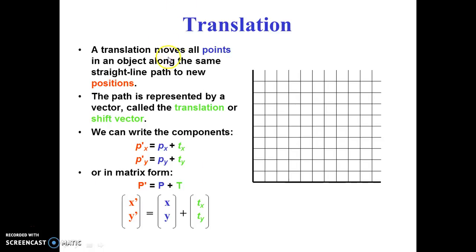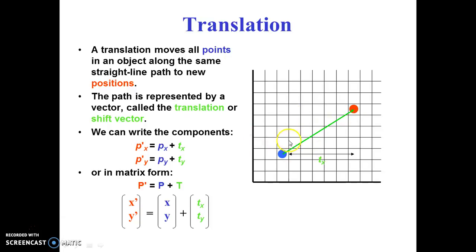A translation moves all points in an object along the same straight line path to new positions. That means our object's shape is not changed, only its position is changed. The path is represented by a vector called the translation or shift vector. We have this blue point, which we are trying to reposition at the red point.